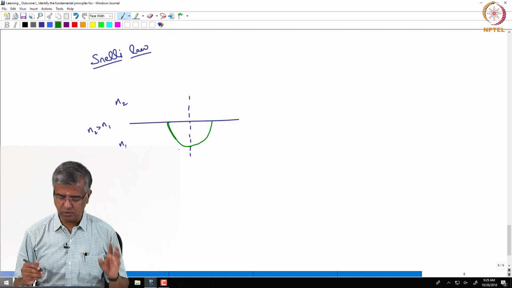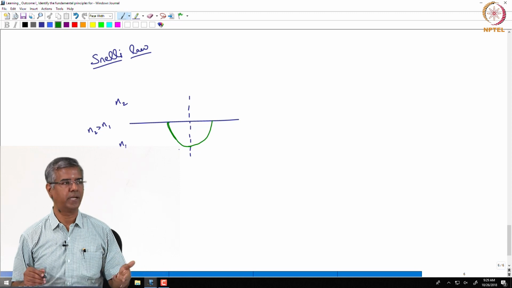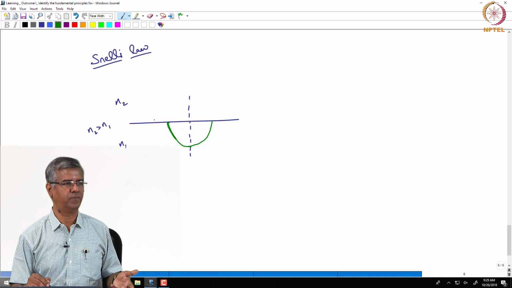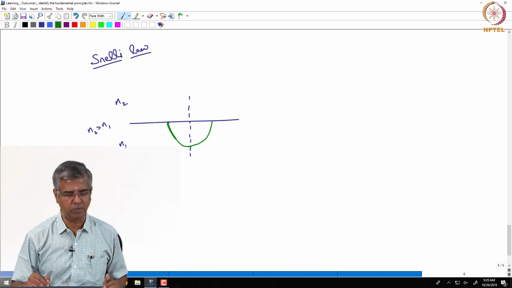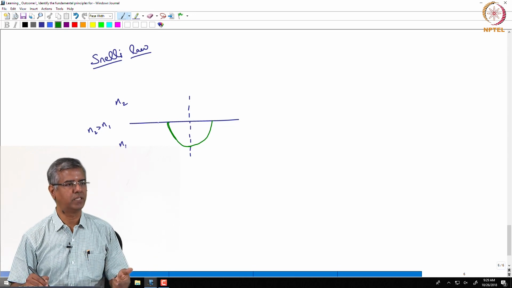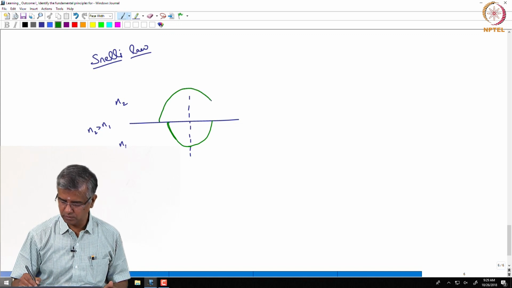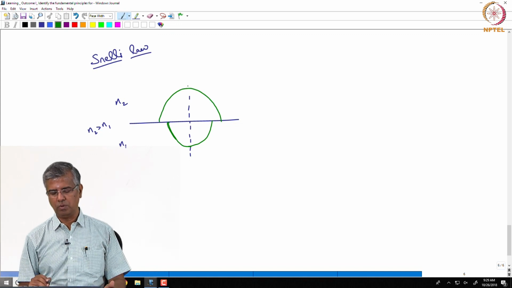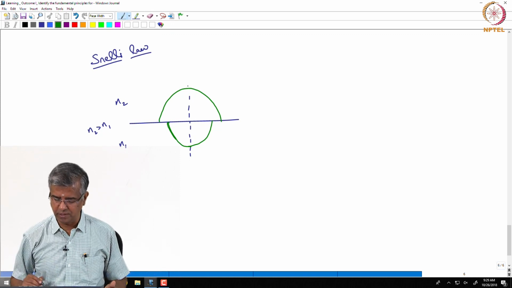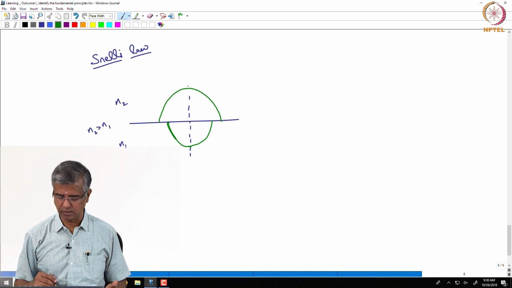And let us say to start with that the second medium is also an isotropic medium. In that case also you expect to have a sphere, but in this case the sphere will have a larger radius because n2 is larger, right. So, this wave, the k value, the momentum actually is larger in that case.